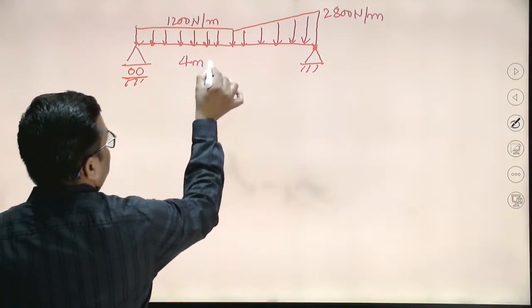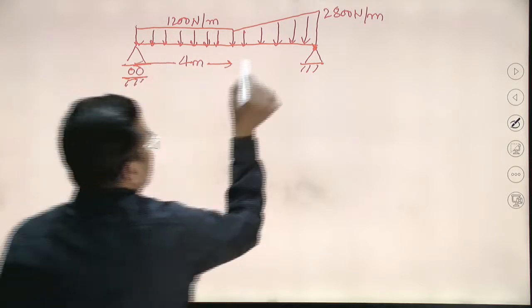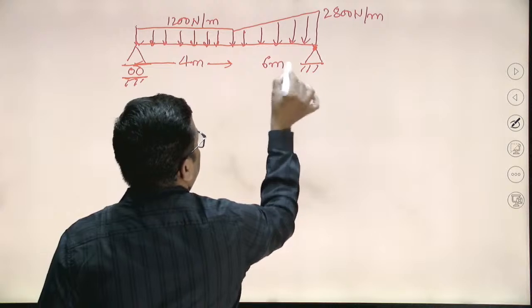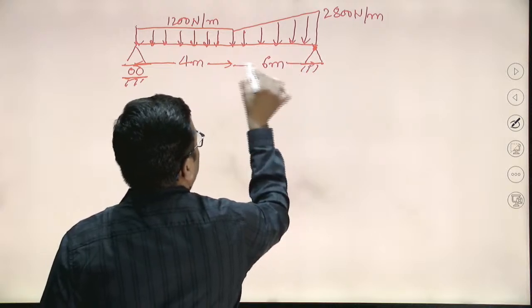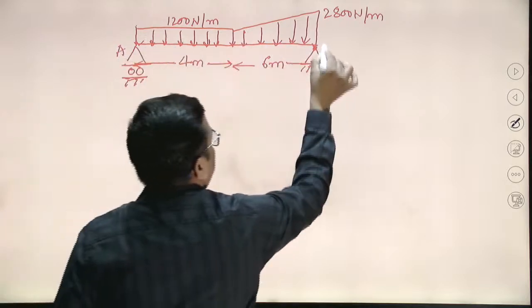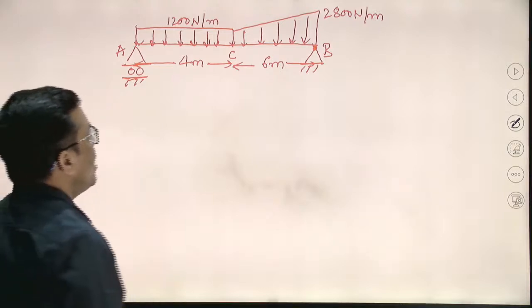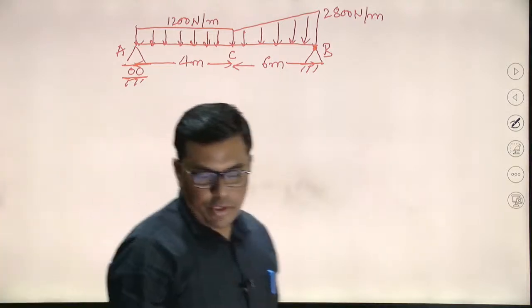The distance from here to here is 4 meters, and from here it is 6 meters. This I can write as point A, this as point B, and this I am taking as point C. Okay.